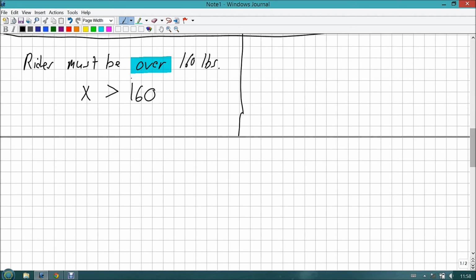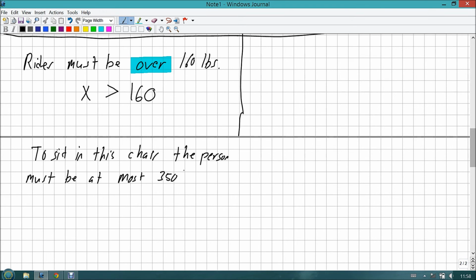Now, how about something like playing on a swing? Or sitting in a chair. So let's say that we have a chair. To sit in this chair, let's write this down. To sit in this chair, the person must be at most 350 pounds.